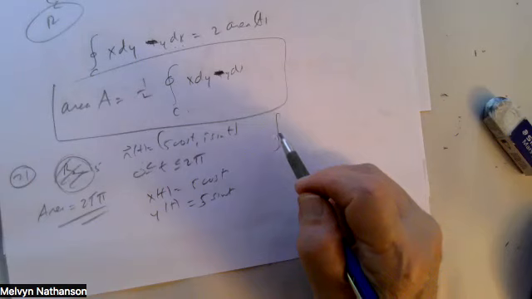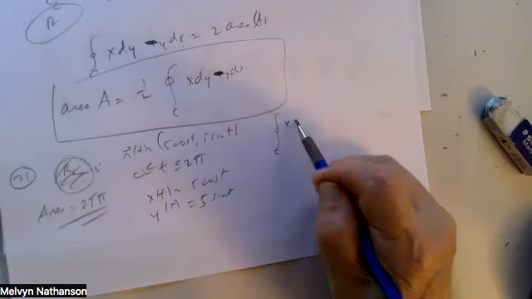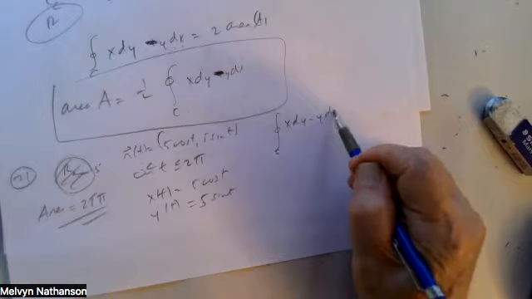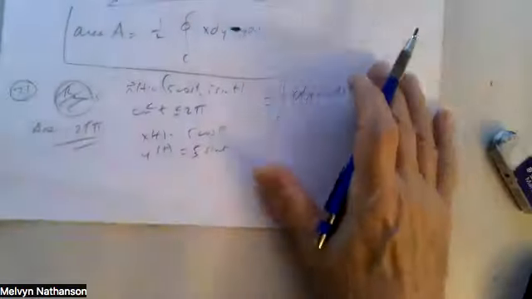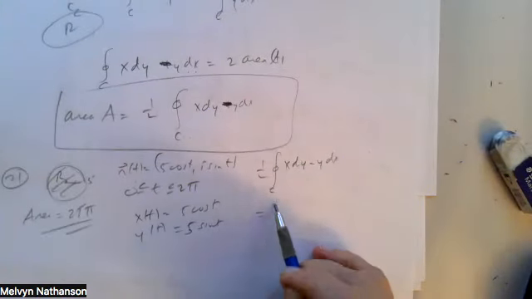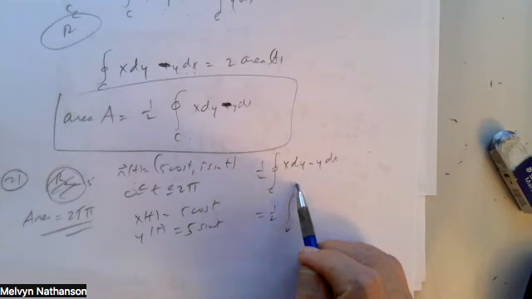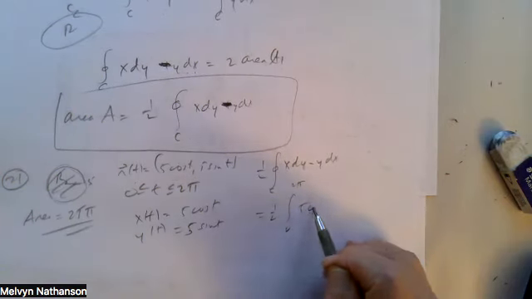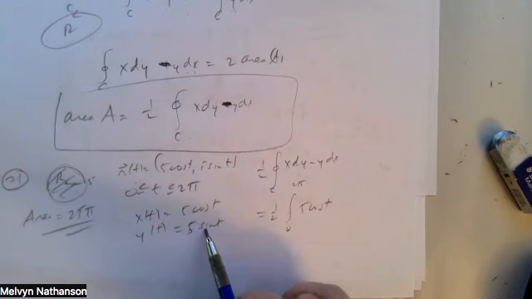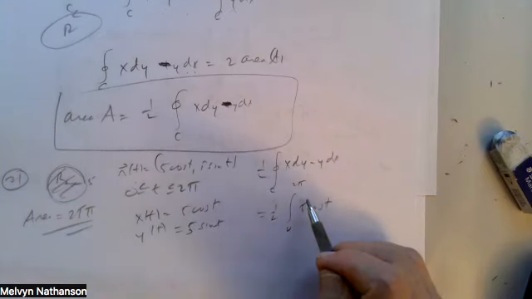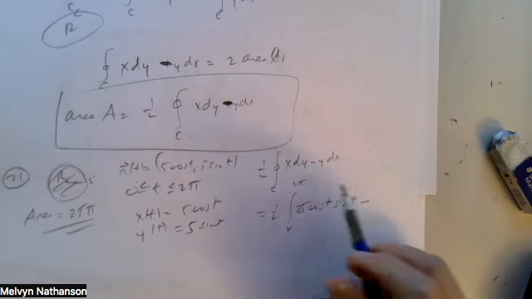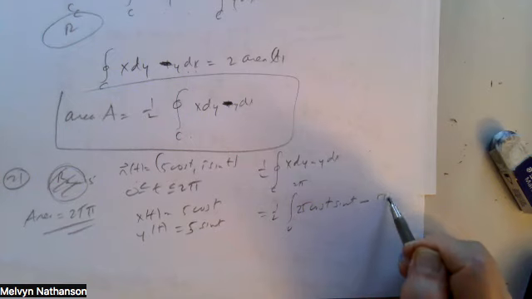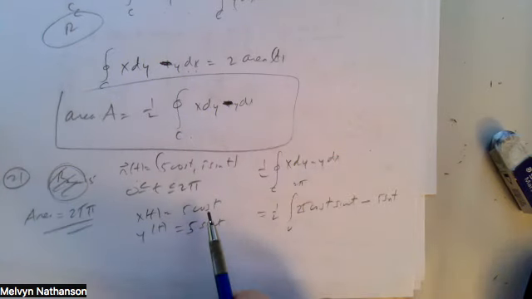So the integral around the curve, x dy minus y dx times a half, is 1/2 the integral from 0 to 2 pi, x, 5 cosine t, dy is 5 sine t, makes this 25 sine t, minus y, 5 sine t, dx is minus 5 sine t.